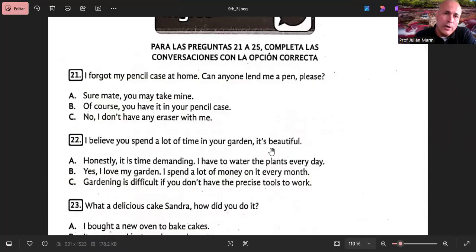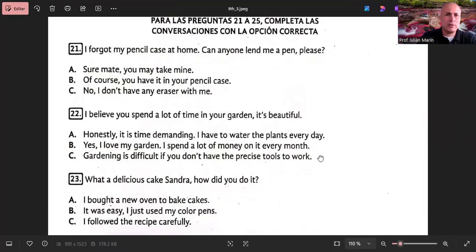Of course, we need to have knowledge of vocabulary, but then we need to evaluate the options, thinking which is the most appropriate option. Sometimes the three will seem like possible correct answers, but then just one is the most appropriate, okay? So let's project 21, 22, and 23 so we can start answering these three questions first.